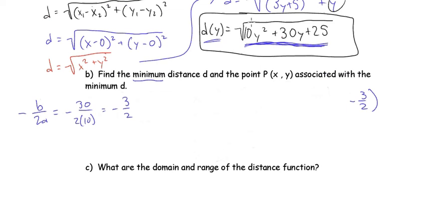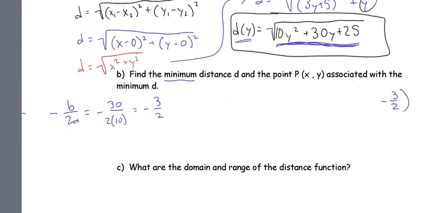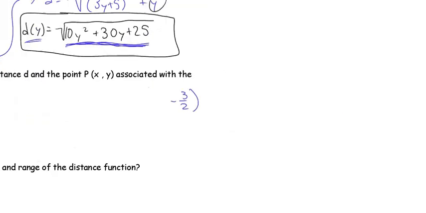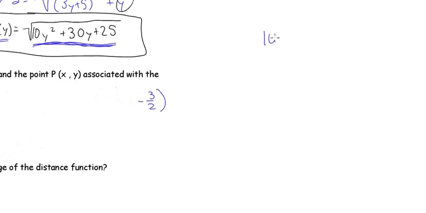So we'll do it over here. We've got 10 times negative 3 halves squared plus 30 times negative 3 halves plus 25. That's going to be equal to the minimum distance.